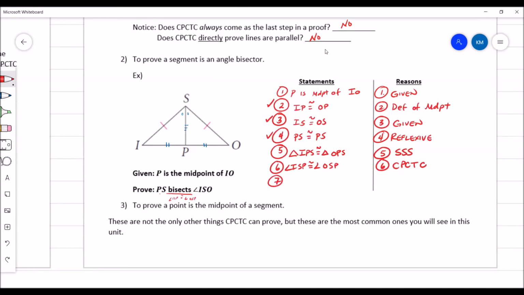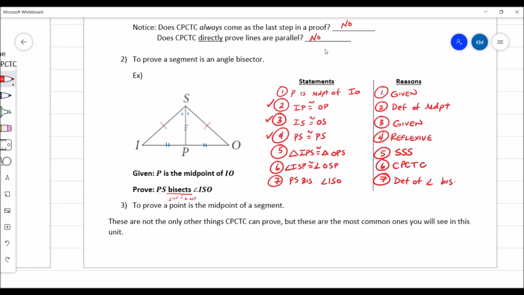And so now I can say that PS bisects angle ISO because those angles are equal. And that must mean that PS splits it. And that's the definition of a bisector. Okay.